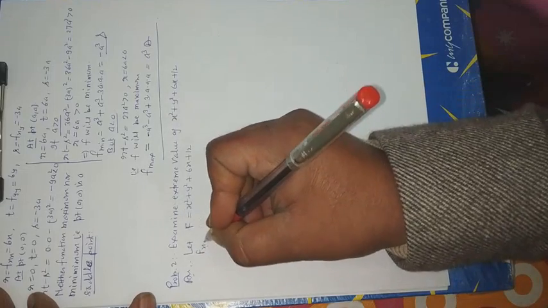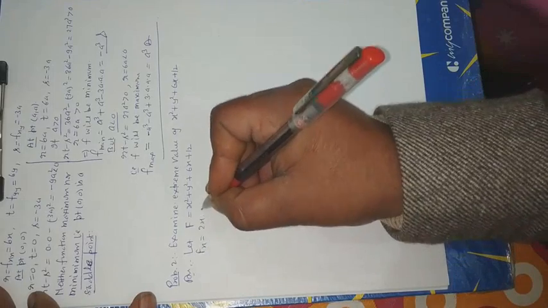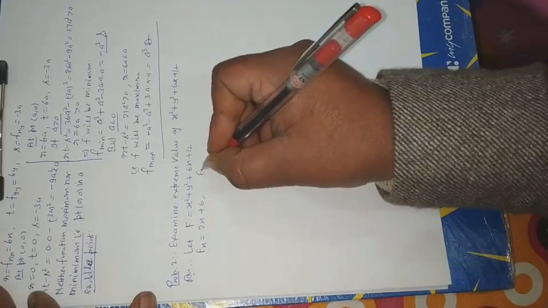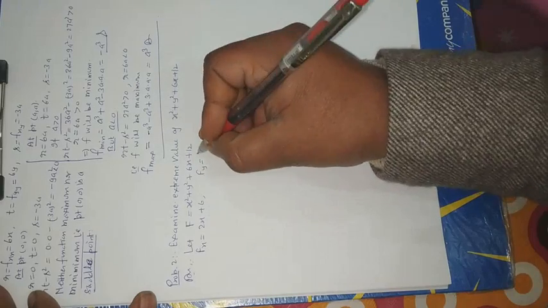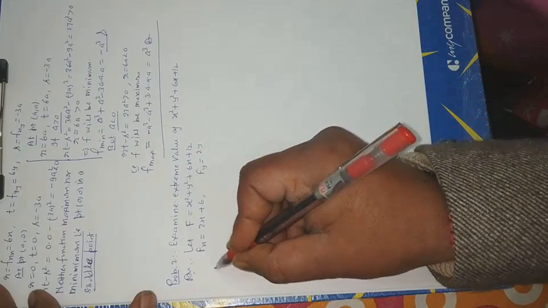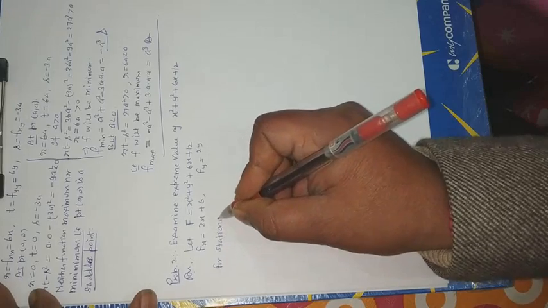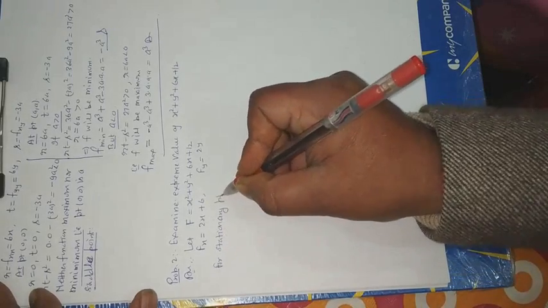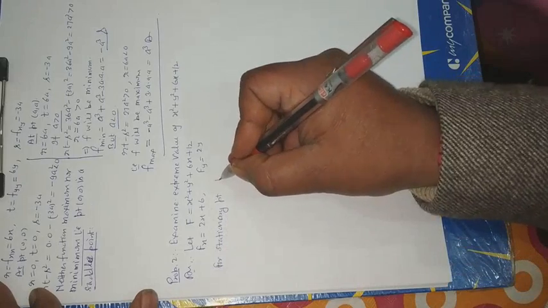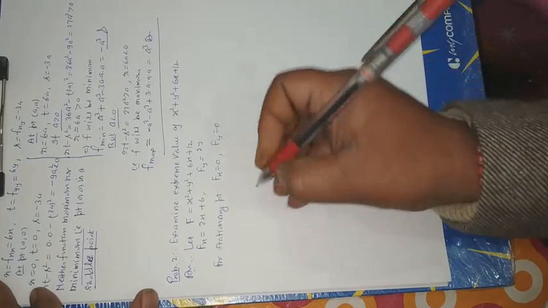Now partial differential with respect to x, denoted by fx, is 2x plus 6. Similarly, partial differential with respect to y is 2y. For stationary point, we get fx equal to 0, fy is equal to 0.